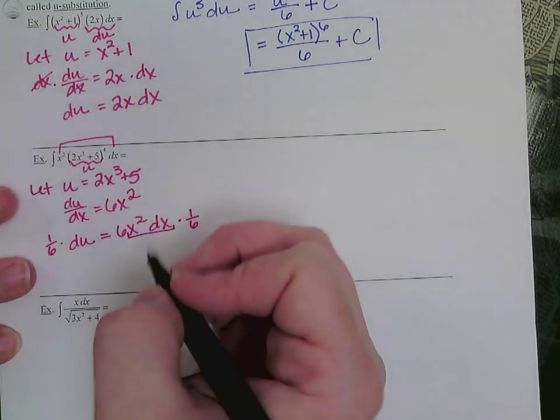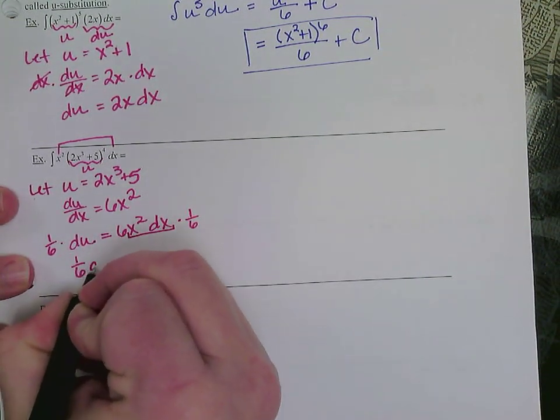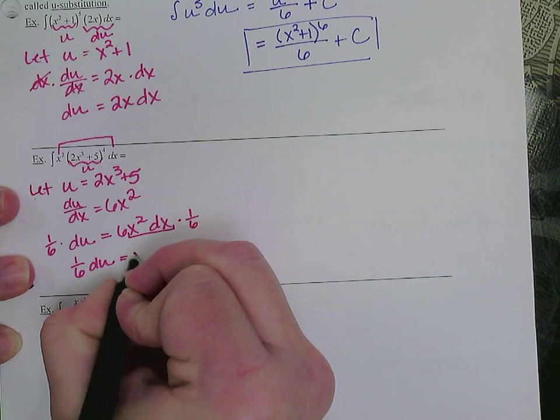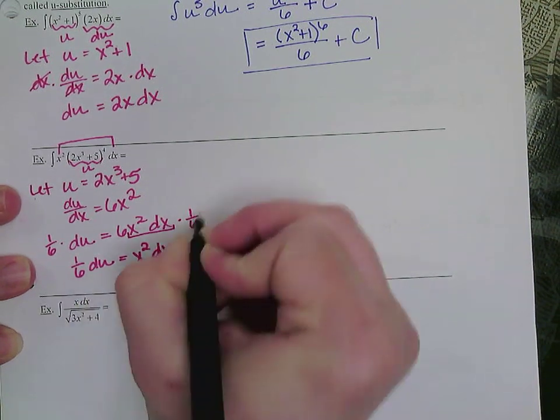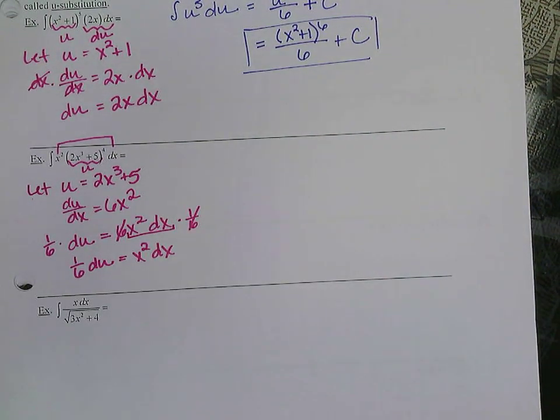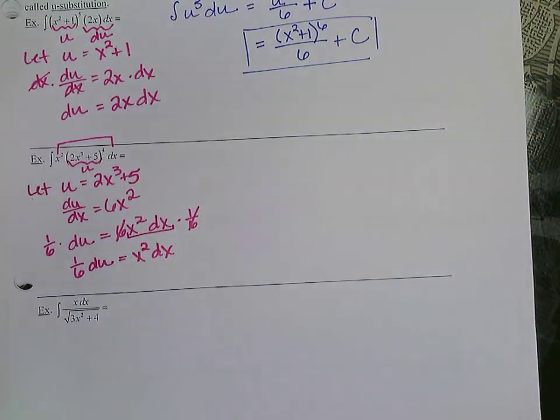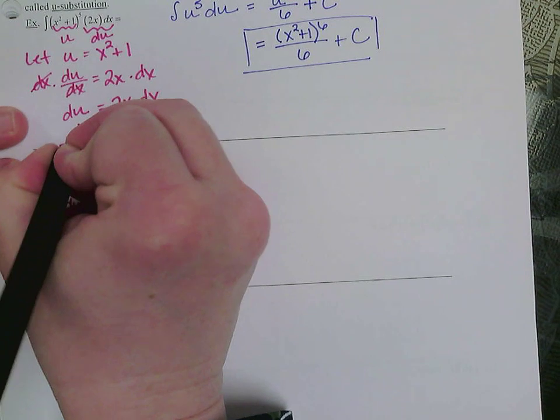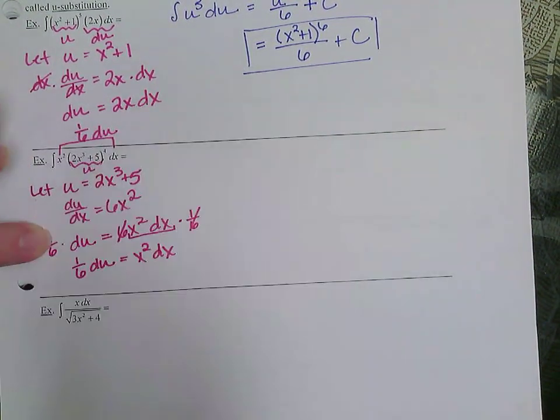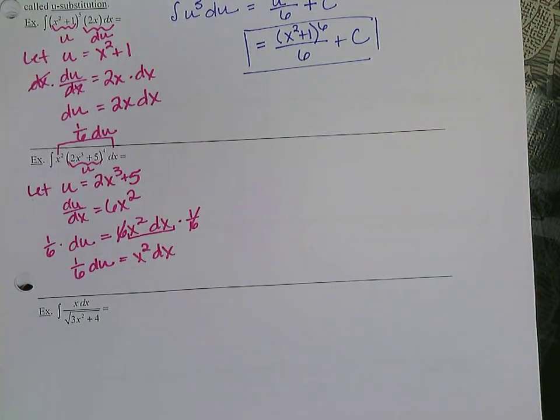Then what we would have is that 1/6 du is equal to x squared dx, because those would cancel, right? So x squared dx isn't du, but it is 1/6 du. And now we have a constant that we can pop in the front.